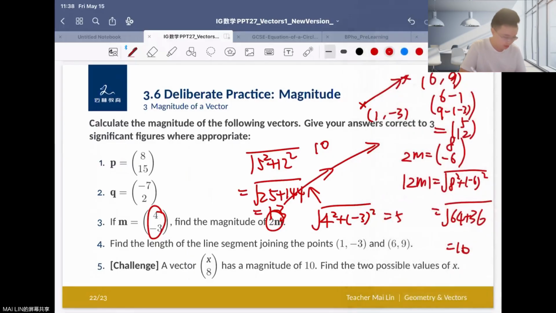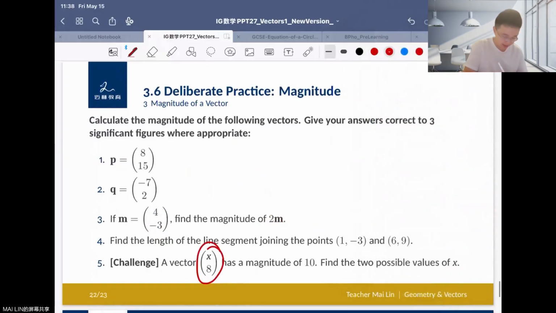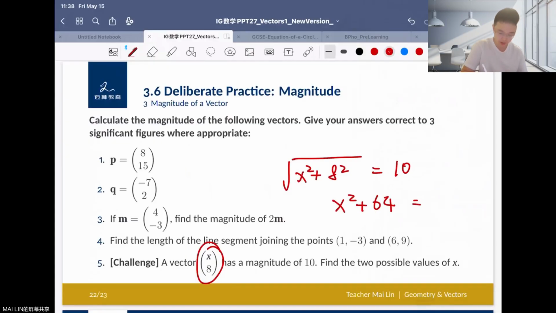And for the last problem, because the vector (x, 8) has a magnitude of 10, you can write that as the square root of x squared plus 8 squared equals 10. So x squared plus 64 equals 100, because we square each side. So x squared equals 100 minus 64, equals 36.